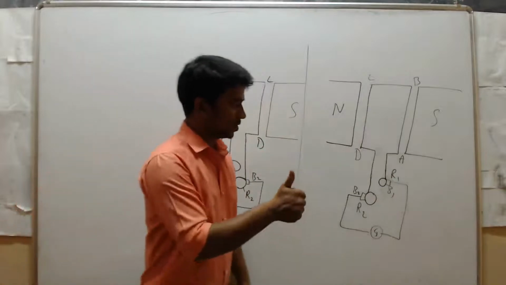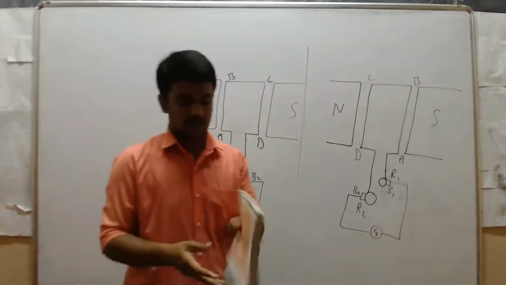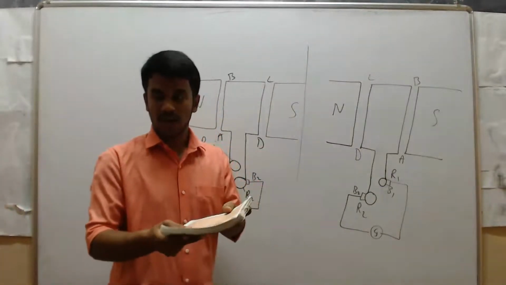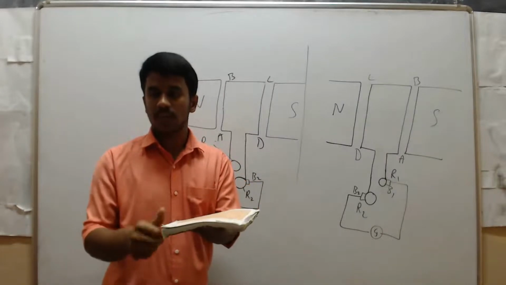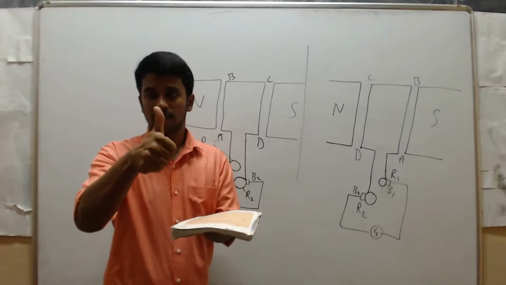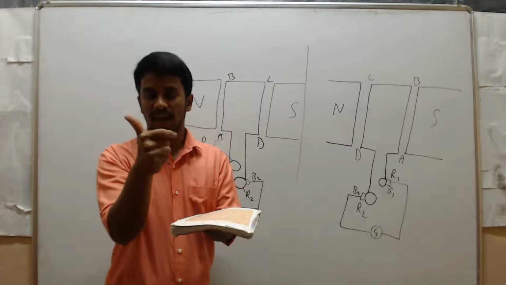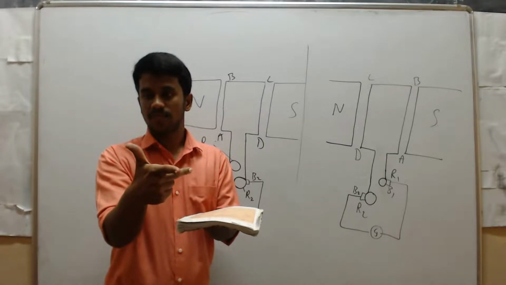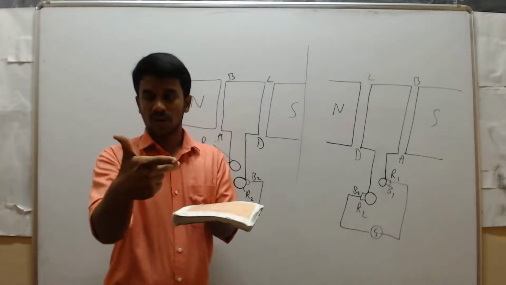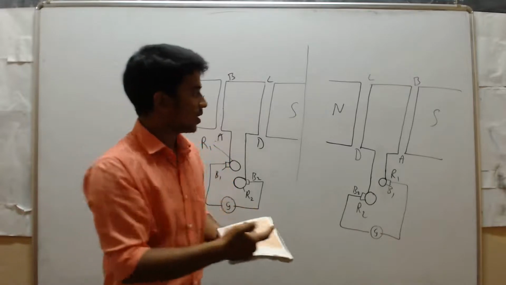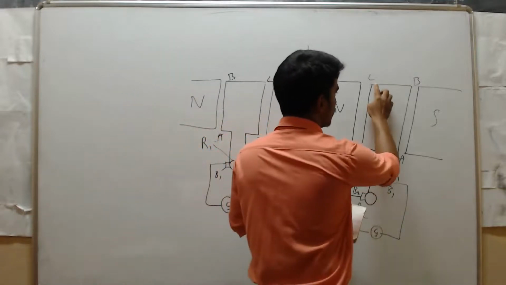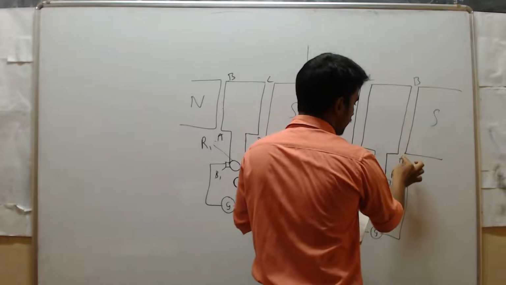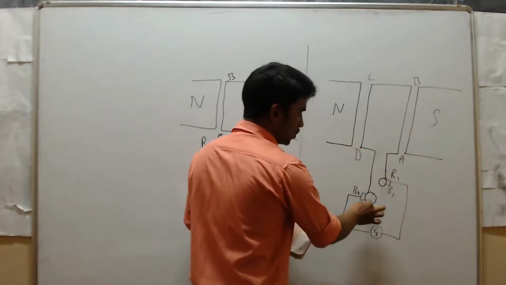Now in this case also, see here, AB will rotate, and once again it will rotate. Now this DC will go to the upper side. Thumb represents the direction of the motion, then magnetic field, then current. Now the current is moving in this direction, right? So the current is moving from D to C, C to B, then B to A, then R1 to R2.